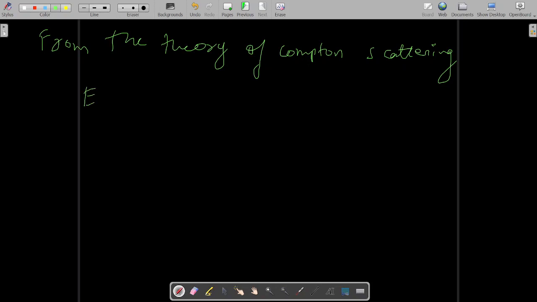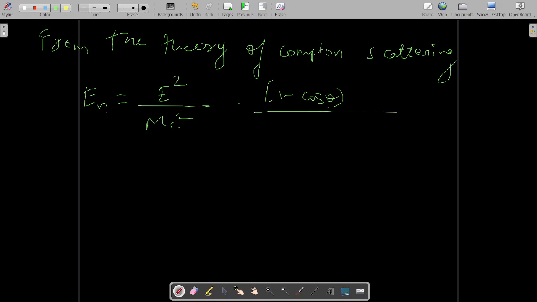En is equal to E square over mc square times 1 minus cos theta, divided by 1 plus E by mc square times 1 minus cos theta. Let this be your equation number 1.